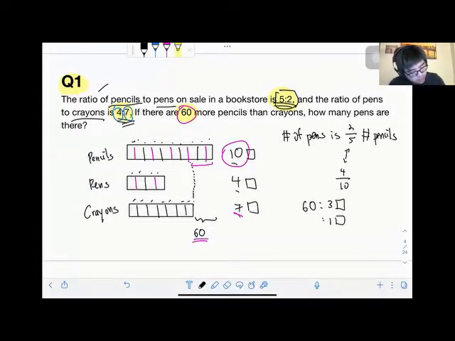So 1 box is divide by 3, 20. At yung tanong natin, how many pens are there? 4 boxes siya. So 4 boxes times 20 becomes 80 pens.